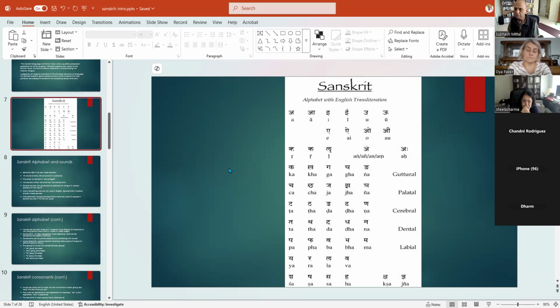So again, the sounds which are difficult for non-Sanskrit people are these aspirated sounds. Like this one is soft, ka like in kite or something, right? Which is fine. But this is ka.